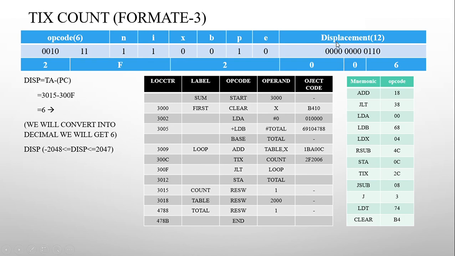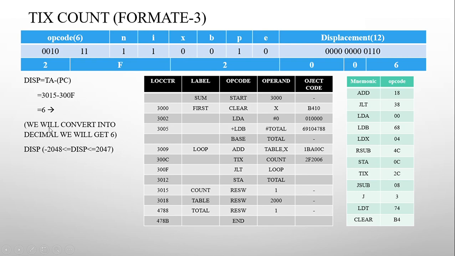To find the displacement, we use the formula displacement equals TA minus PC. The target address of count, where count is present, is 3015. The address of the next instruction to be executed after TIX COUNT is 300F. Subtracting these two, we get 6.